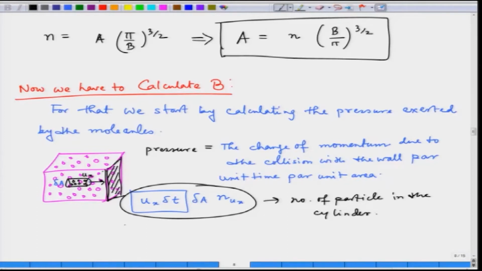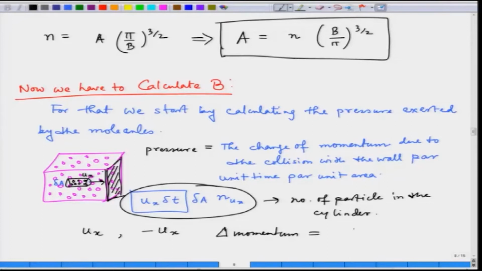Now, every such particle will collide with the wall, and just before the collision it had a velocity component ux, and after the collision it had a velocity component minus ux, that we all know. So, the change in momentum, delta momentum, will simply be equal to mux minus (minus mux).